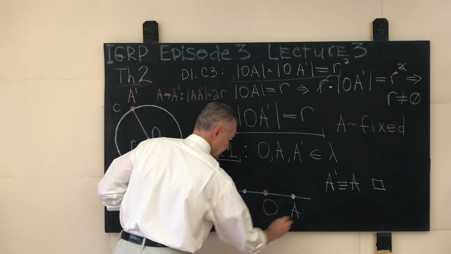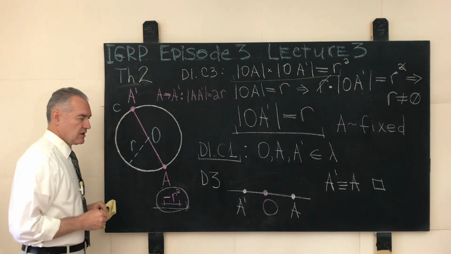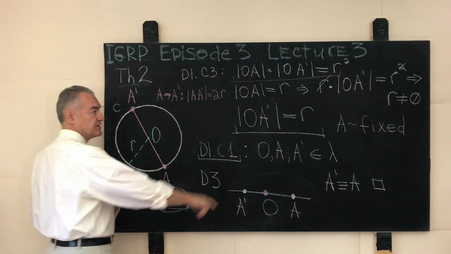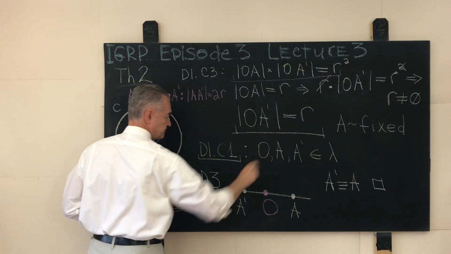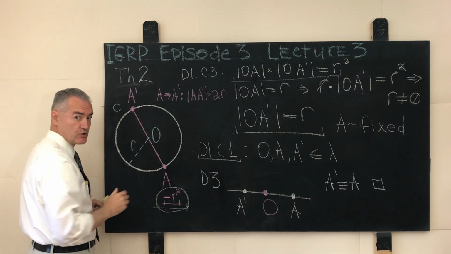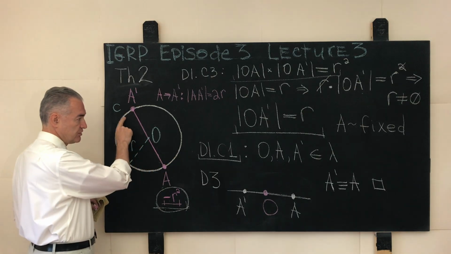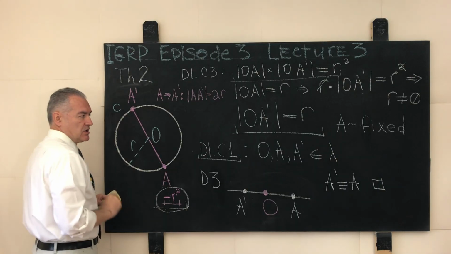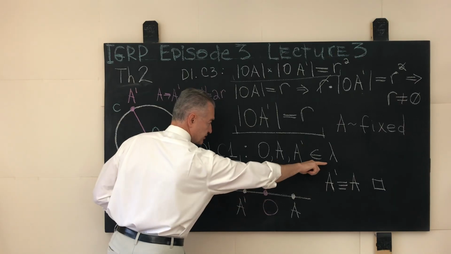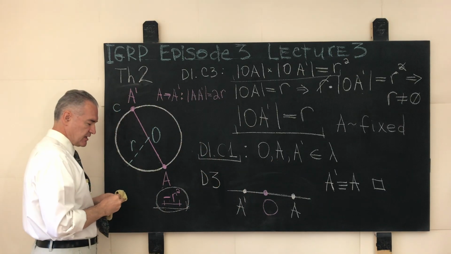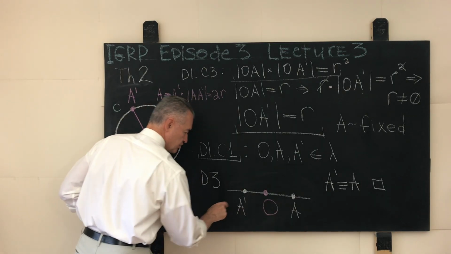Let's say this is the point A, this is its image A prime, and combining these 3 facts, the distance from the center of inversion to the image point A must be precisely r, all the objects of interest are coplanar with the center of inversion and the circle of inversion. The points, the center of inversion, the pre-image and the image are still collinear, but in this case, the center of inversion must be in between the pre-image and image point.